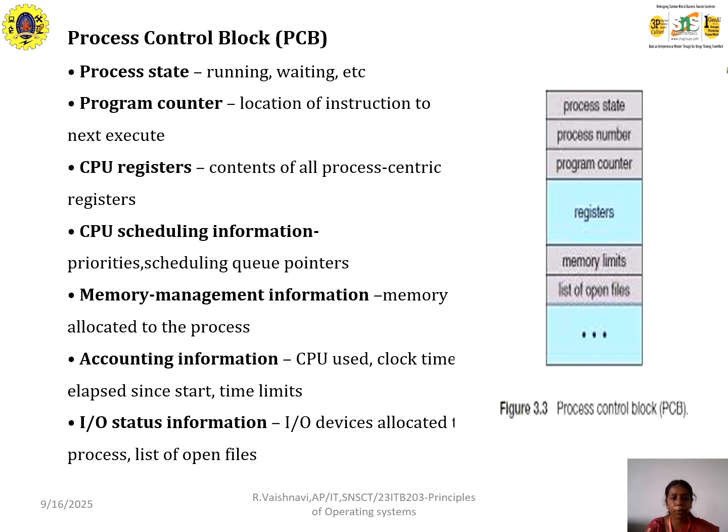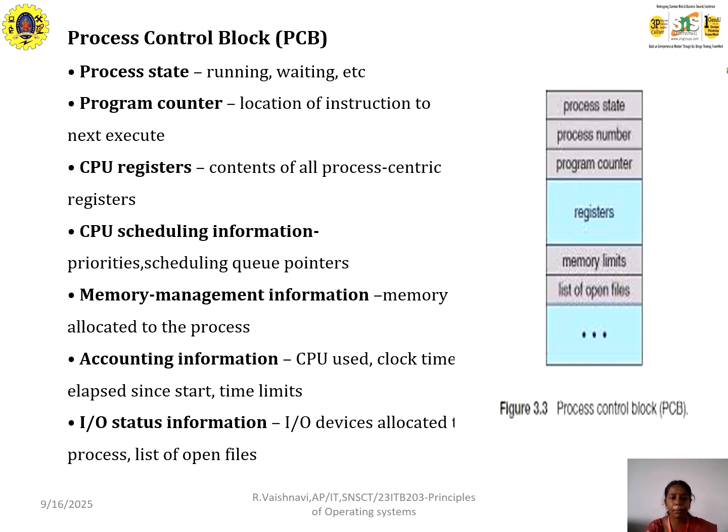Second one will be the program counter. In the program counter, we have the location of the next instruction to execute. Third one will be the CPU registers. In CPU registers, we have the contents of all the process-centric registers. And then fourth one will be the CPU scheduling information. Here we have the priorities and scheduling queue pointers.